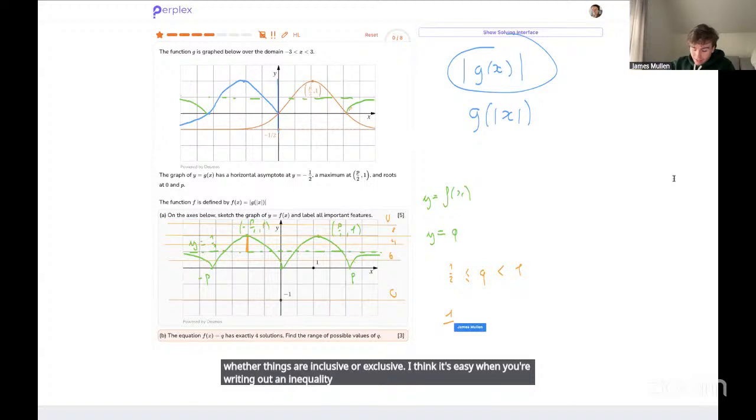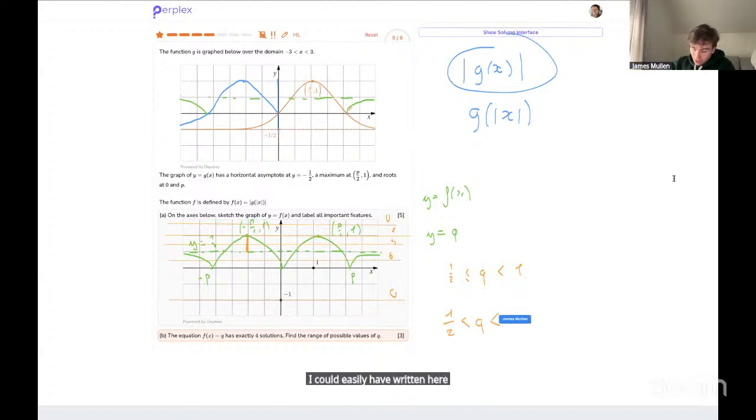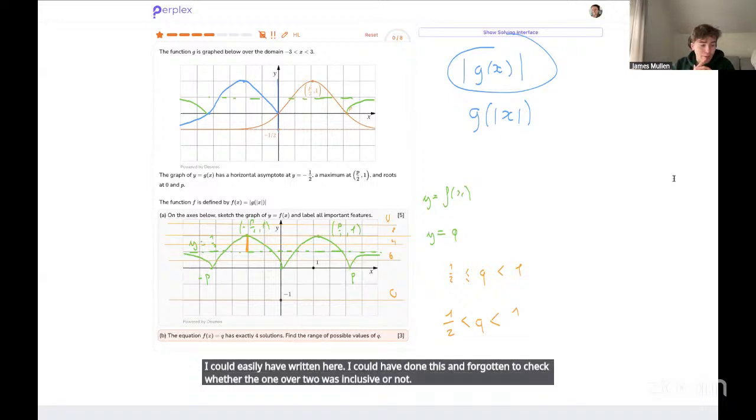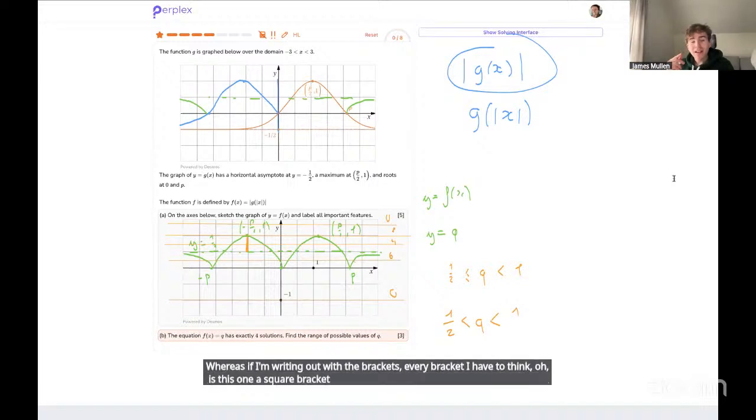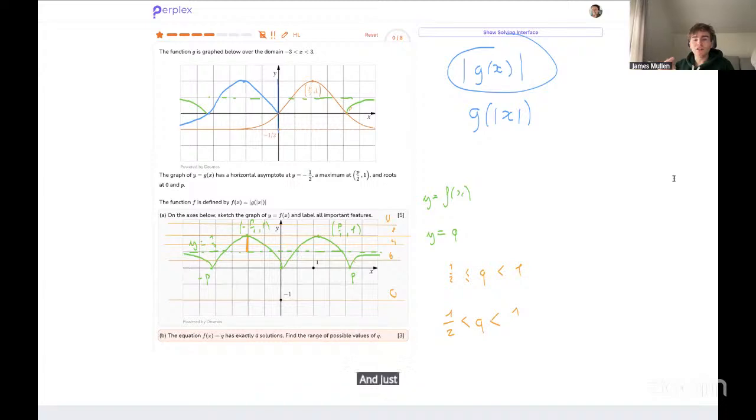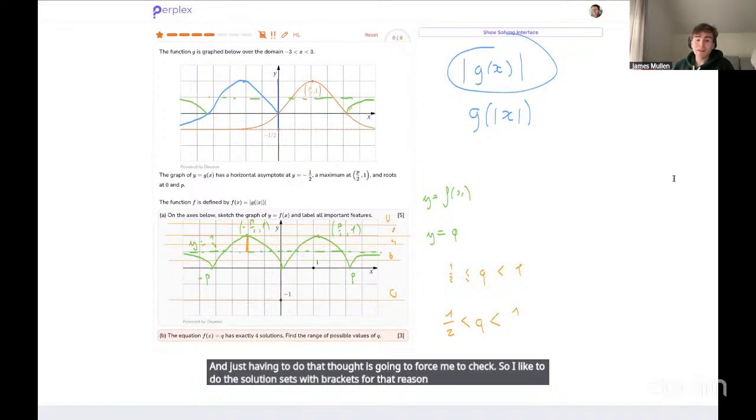I could easily have done this and forgotten to check whether the 1 over 2 was inclusive or not. Whereas if I'm writing out with the brackets, for every bracket I have to think, is this one a square bracket or a normal bracket? And just having to do that thought is going to force me to check. So I like to do the solution sets with brackets for that reason and that reason only. The IB is fine with both.